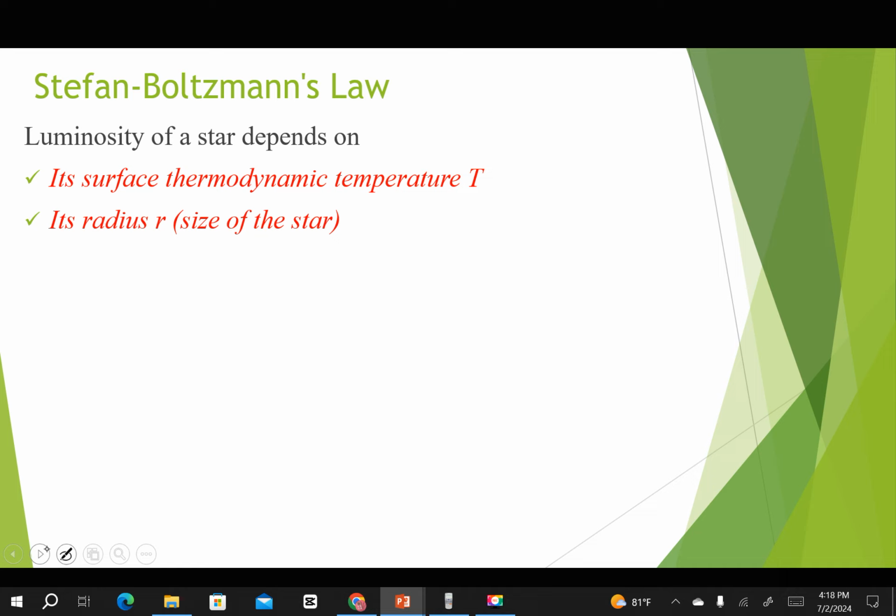So the relationship between the surface temperature, and the radius or the area or the size of the star, was investigated by two scientists, in the names of Stefan and Boltzmann. These scientists were interested in the relationship between the surface temperature, the size of the star, and the luminosity of the star.